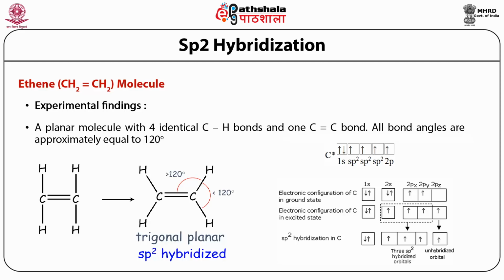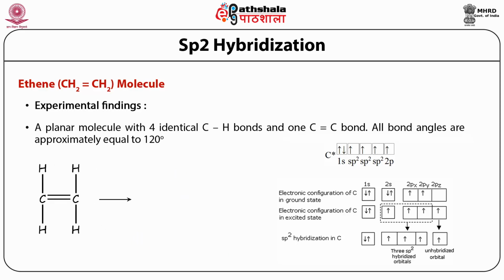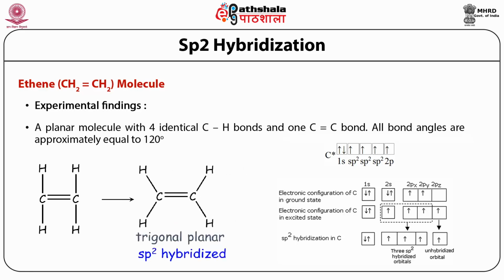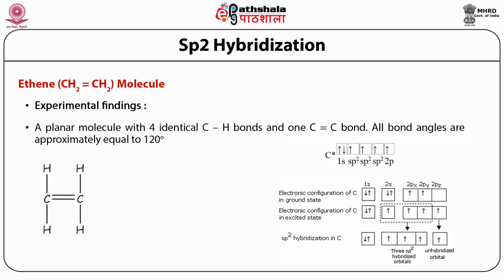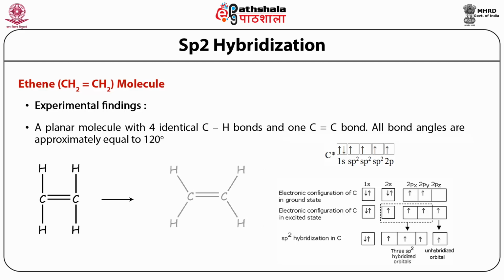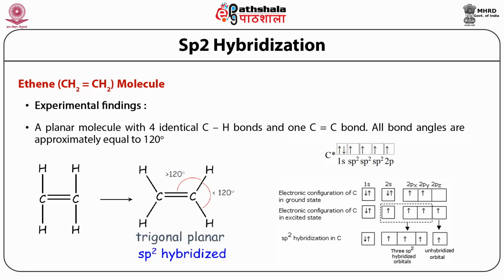Now let us discuss the sp2 hybridization. There are other carbon-based compounds and molecules which have double bonds between the carbon atoms, such as ethene. For these molecules, carbon atoms are sp2 hybridized because 1 pi bond is required for the double bond between the carbons.